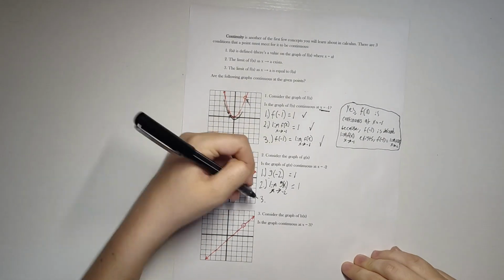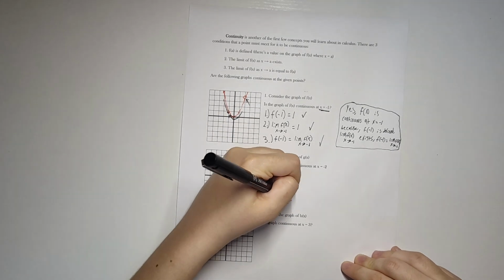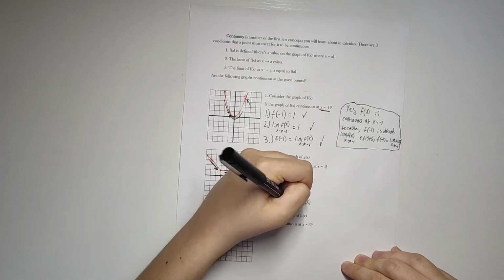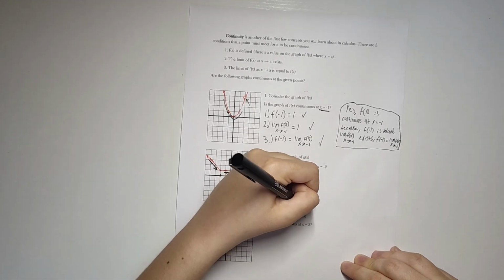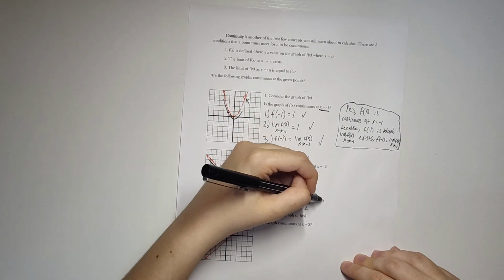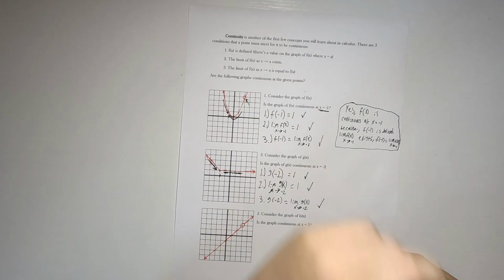Okay, number 3. Does g of -2 equal the limit of g of x as x approaches -2? Well, does 1 equal 1? I would say that it does, which means all of our conditions check.